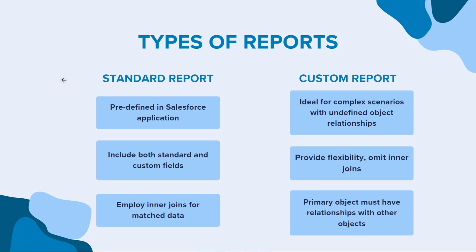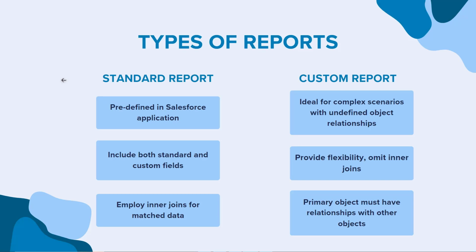When standard reports are not working well, that's where custom reports come in. Custom reports are ideal for tracking complex scenarios where relationships between objects are not predefined. These Salesforce custom report types are entirely customizable, empowering users with the Manage Custom Report Types permission to create them.